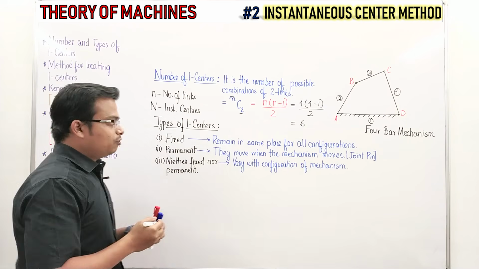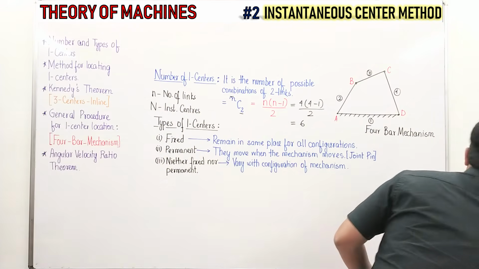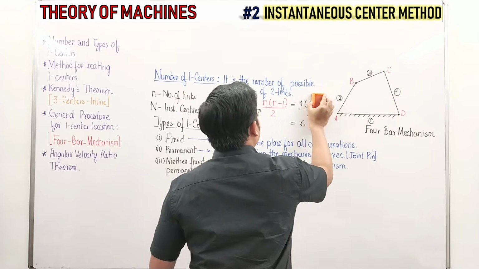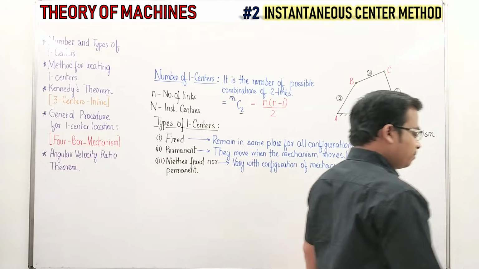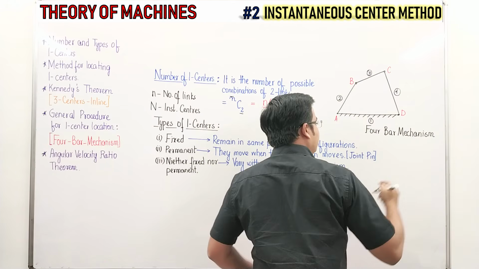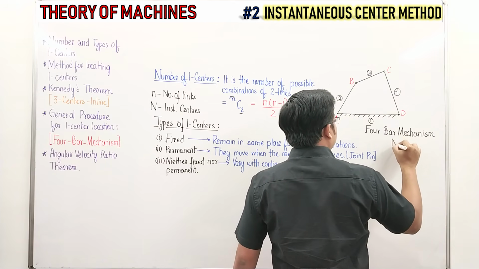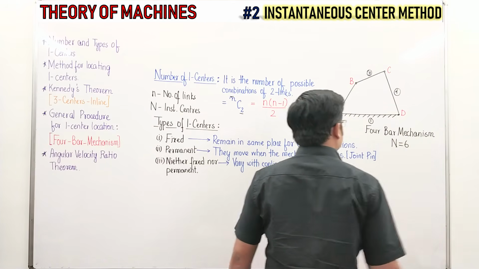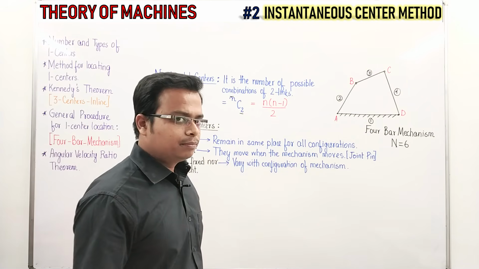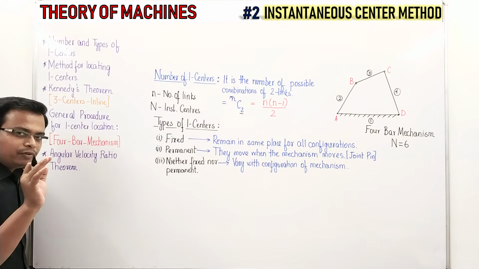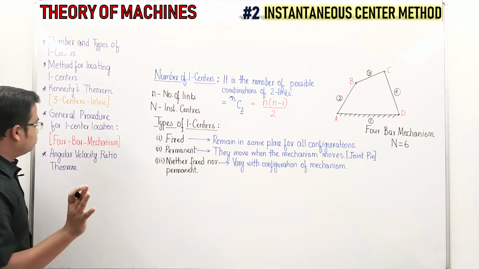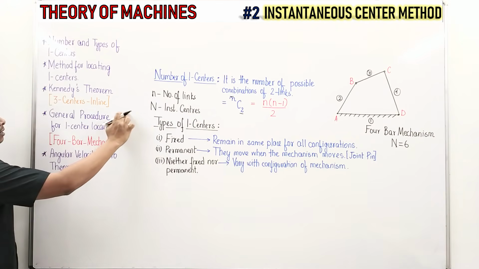So let's take a careful look at this. Let me rub this. For a 4-bar mechanism, the thing that we already know is that the number of instantaneous centers is going to be 6, right? How to locate all the instantaneous centers? Well, you've got to wait for at least 5 to 10 minutes more, because that will be taken up in this article.